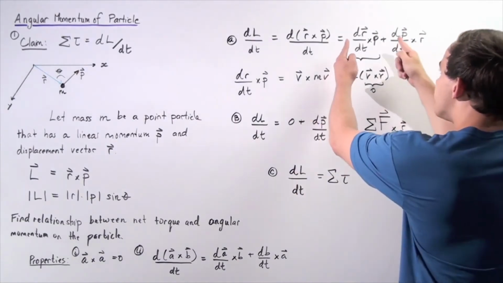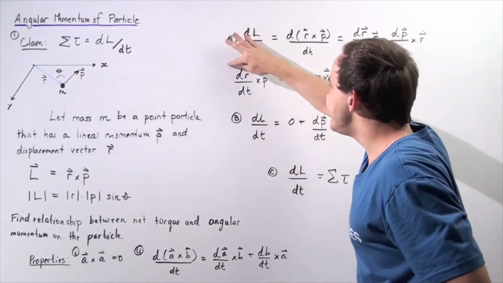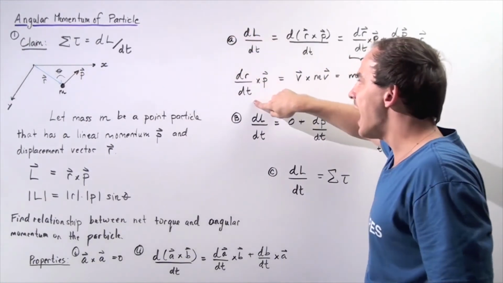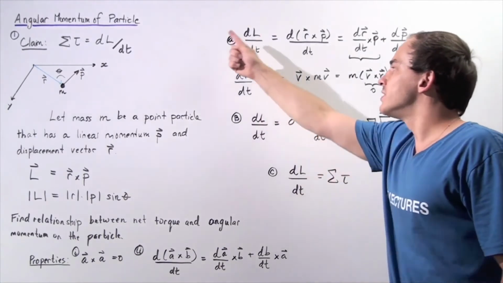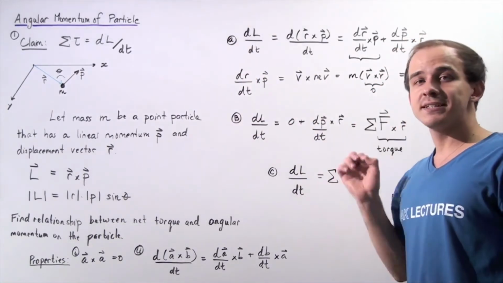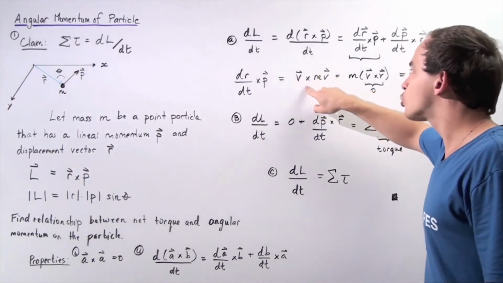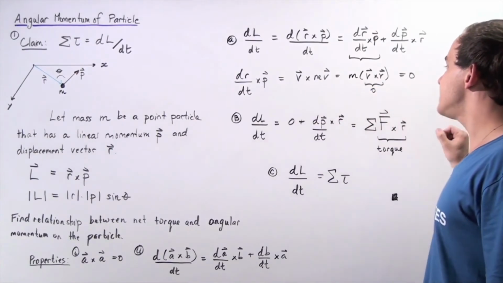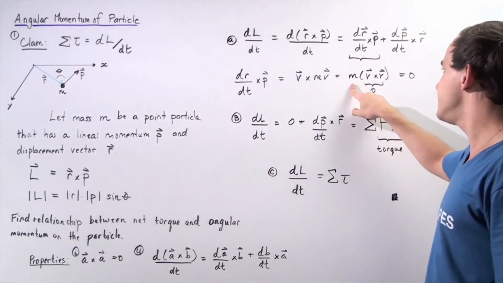So now we take the first term and we place it here, and notice that dr with respect to time is equal to the velocity. In other words, the derivative of our displacement function with respect to time is simply equivalent to velocity. And v cross mv is the same thing as saying v cross v multiplied by the scalar quantity m.